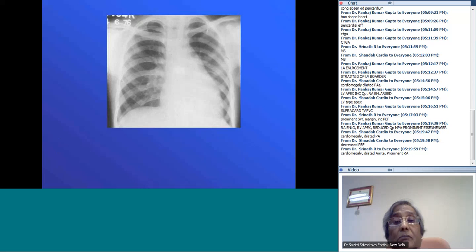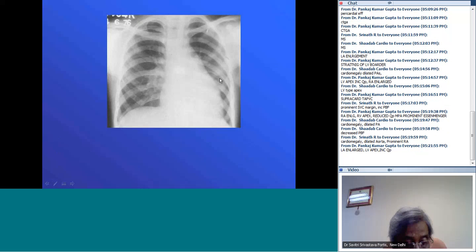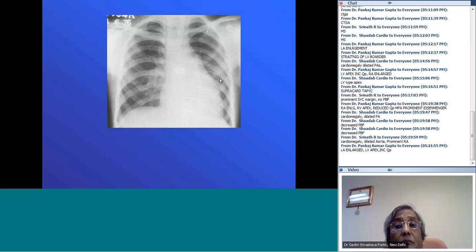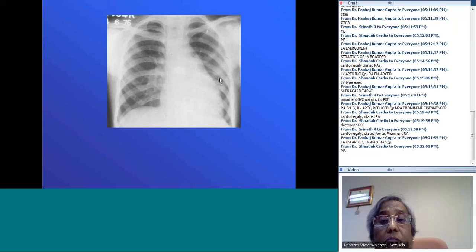Nobody has paid attention to this shadow. It's coming from ear to ear. This X-ray does not show any cardiac enlargement, and very clearly it shows the L-malposed aorta. This is the shadow typical of L-malposed aorta. See, there are no bumps or humps here, no notch for aorta, no notch for pulmonary artery.